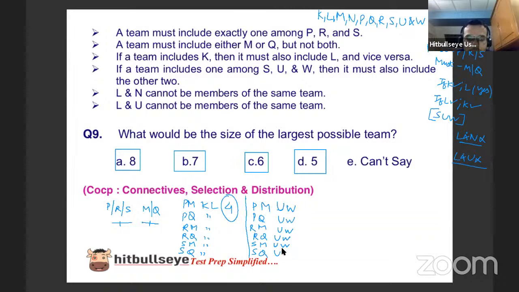And these are 4, plus we are again having no clarity or no detail mentioned for N. So we can have that N in the last as our 5th team member. What is the maximum size of the team possible here? 5. Here we have SUW will come together, right? UW is not possible. Where is it not possible? U and L cannot come together, right?